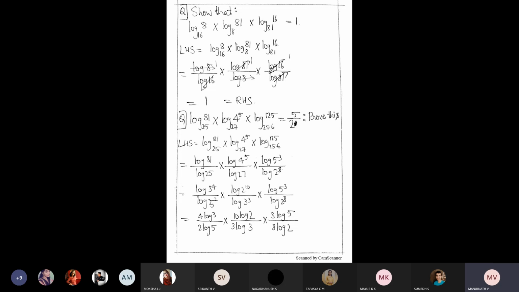You got the answer 20? Hello, Sumed, is it right? It is 20, right? I have taken the constants directly and simplified by using a simple calculator.